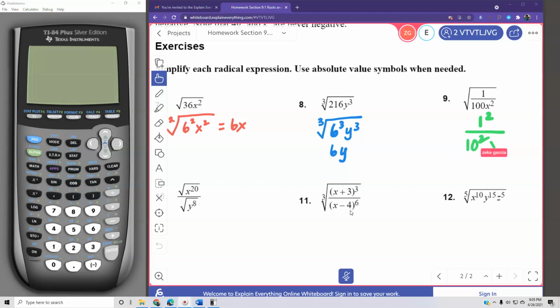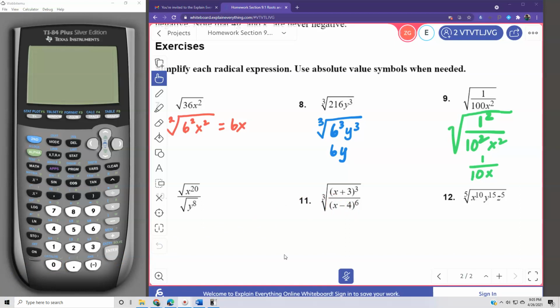And then you have x squared, and don't forget the radical. So the square root of 1 squared is 1. The square root of 10 squared is 10. The square root of x squared is x. So it's 1 over 10x.